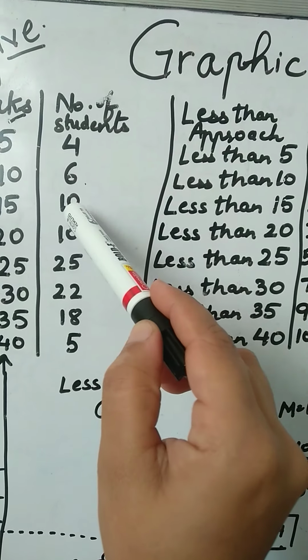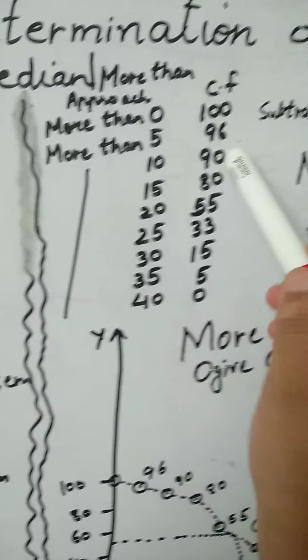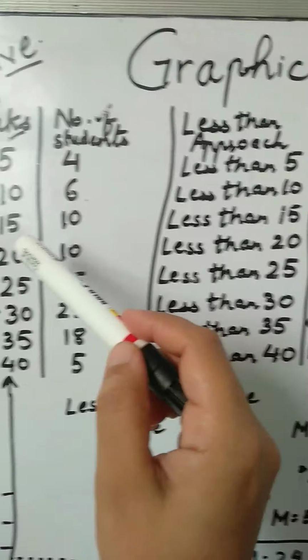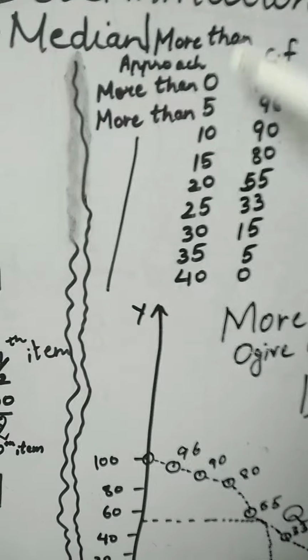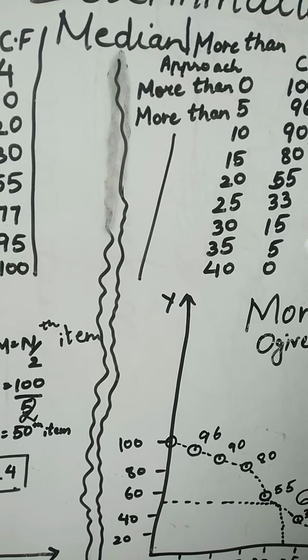Then 96 minus 6 we get 90. 90 minus 10, 80. Then 80 minus 25 we get 55. In this way we are going to get this cumulative frequency which would be downward sloping, which would be decreasing.